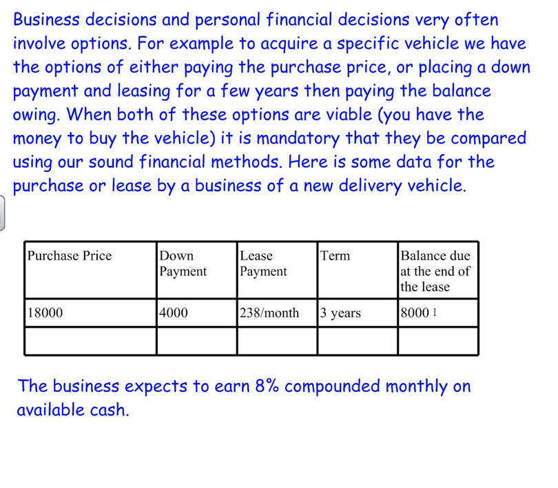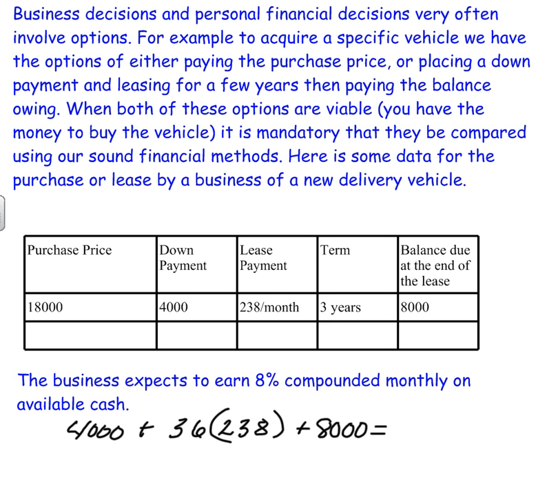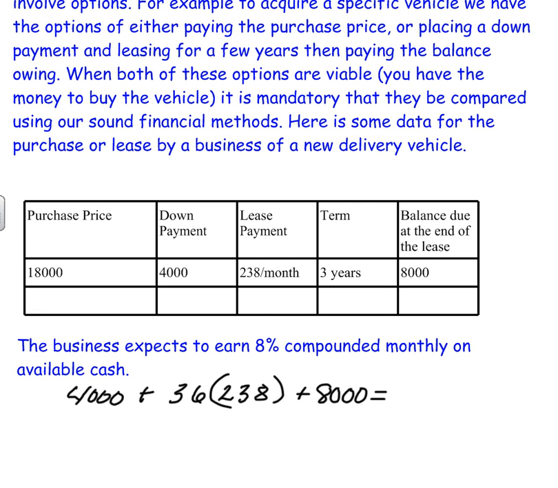An uninformed person might decide that this is a good deal because if we just take $4,000 plus 36 payments of $238, 36 times 238, add $8,000, we come to $20,568.